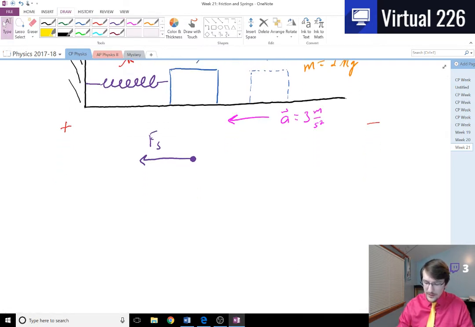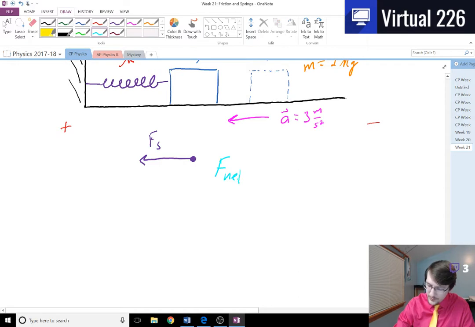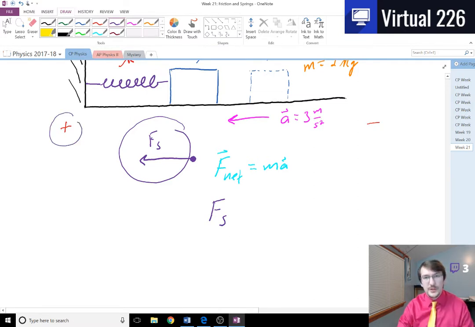So if I wanted to set up F equals ma, which is our classic go-to equation, right? We have the net forces, or the sum of all of them, equals ma. Then I would just have to say, hey look, I've got one force. It's Fs. It's positive because it's going to the left.